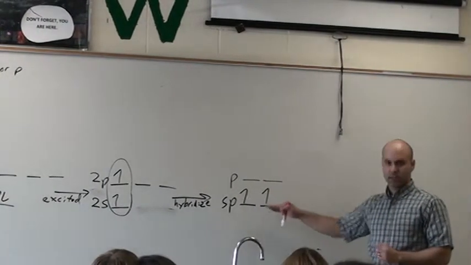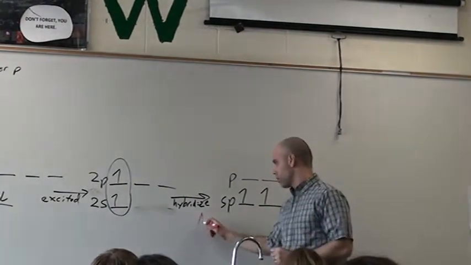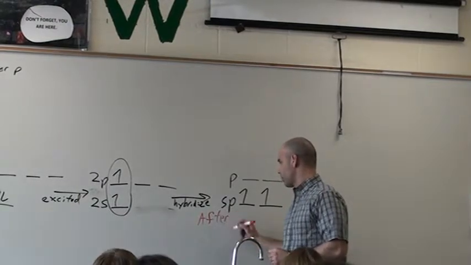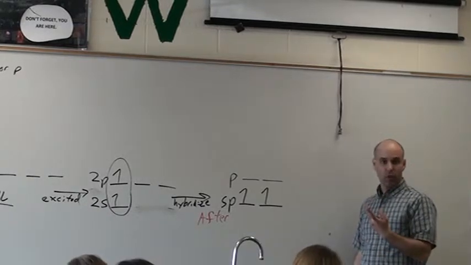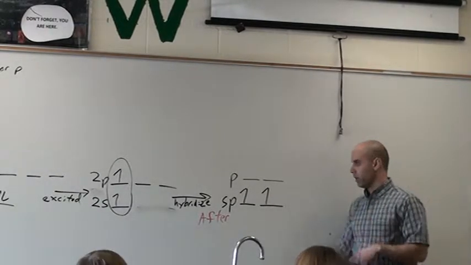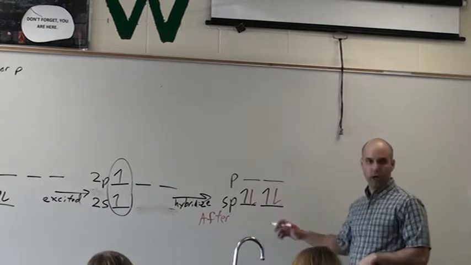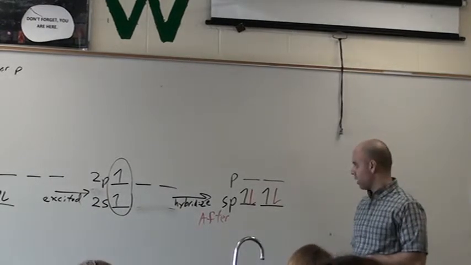So looking at this, the after, now how many unpaired electrons do I have? Two. So how many more electrons will I need? Two. I need two more electrons so that everybody has a partner.